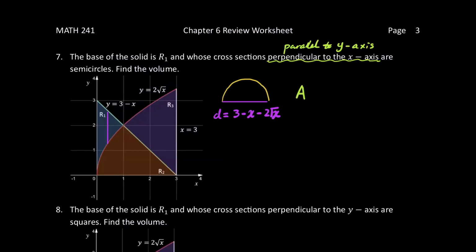So the area function is 1/2 pi r squared. Okay, r is half of the diameter.